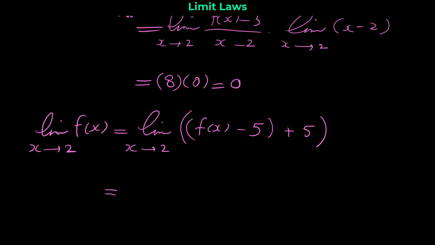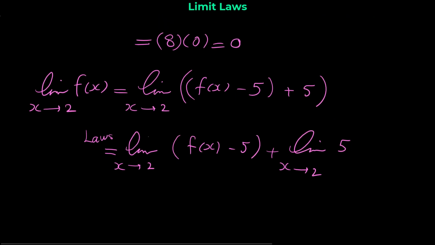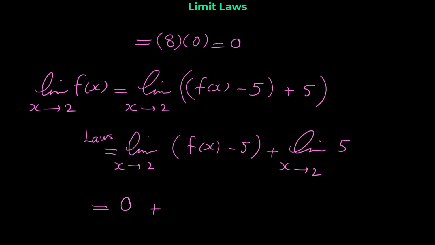So, based on the limit laws again, can you see how many times we have to use limit laws to find the answer to this question? It seems like an easy question, but it's not actually so easy. So I separated these two expressions and wrote it as two separate limits. What was this limit? If you remember, 0. The limit of any constant is the constant, so 0 plus 5 is 5. Finally, the limit of f(x) as x approaches 2 is 5.